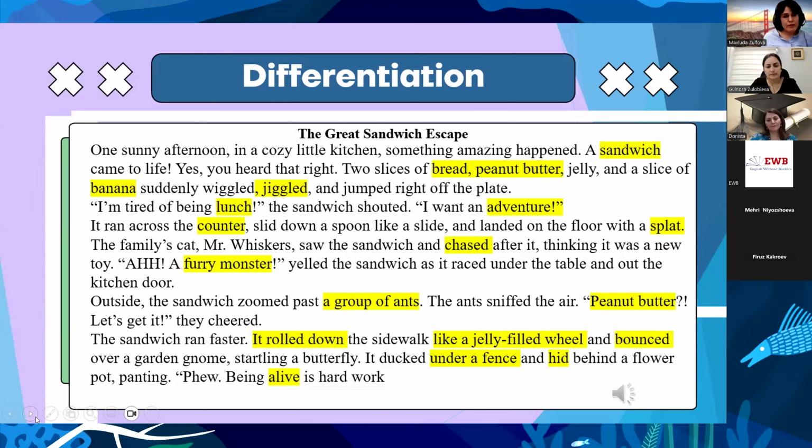Sometimes, if a person is a strong student, we can give them a longer text, and if we see that the student is struggling, you can shorten the text, but keep the main idea of the content.